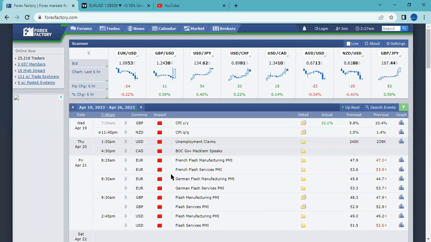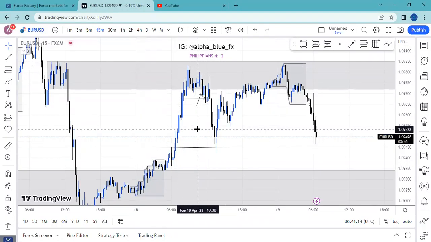There's not any high impacting news for the dollar today. I know there may be low impact news or medium impact news, but I just set my Forex Factory to show only high impact news. So for today, there's not any high impact news coming up. We have one tomorrow and probably on Friday. But as for today, we should have a smooth sail, you know.